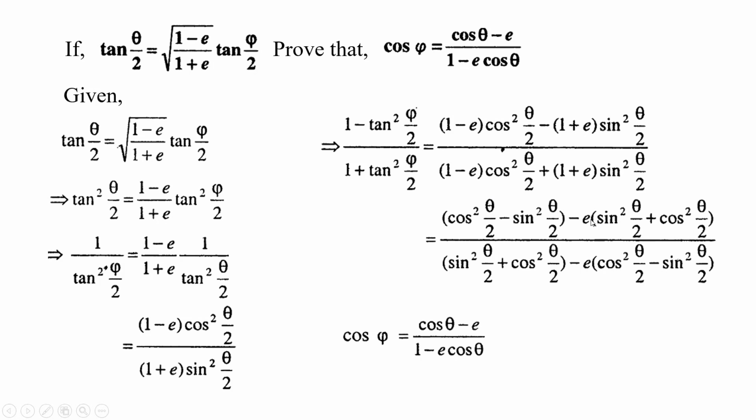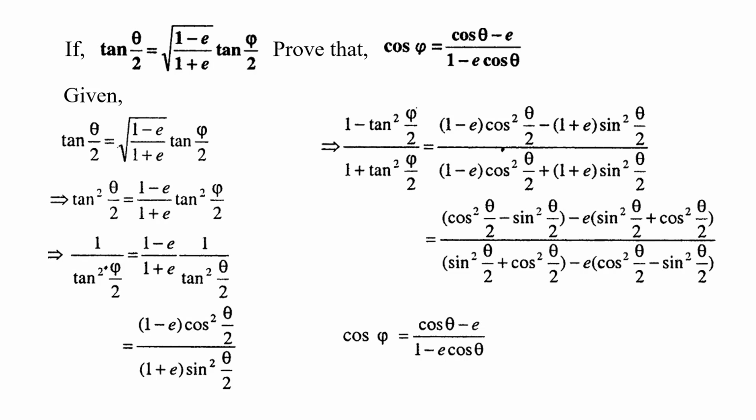And here e is in here, and sin square theta plus cos square theta equal to 1 from your SSC formula. And also sin square theta by 2 plus cos square theta by 2 equal to 1. And cos square theta by 2 minus sin square theta by 2 equal to cos theta. And it is our required proof.